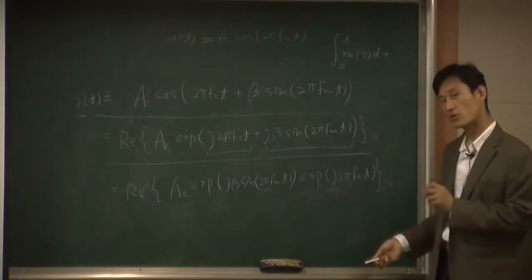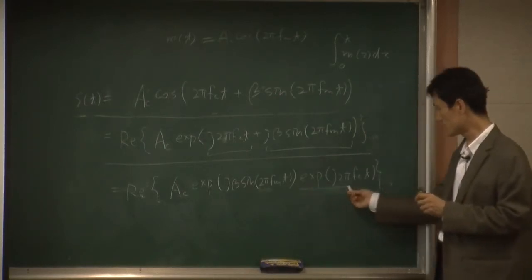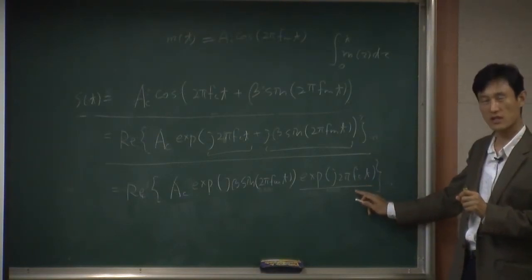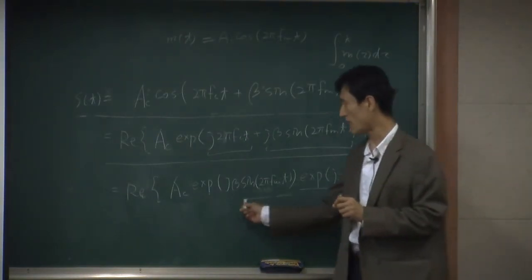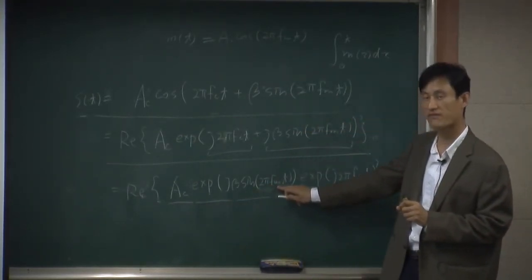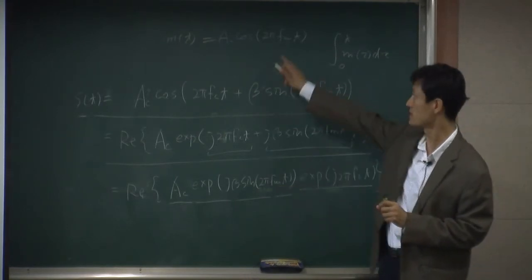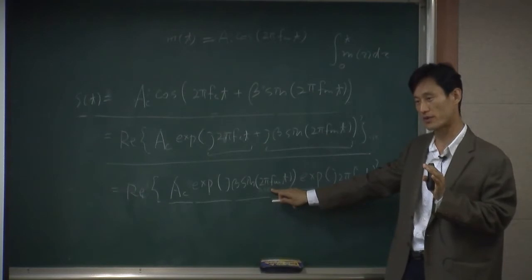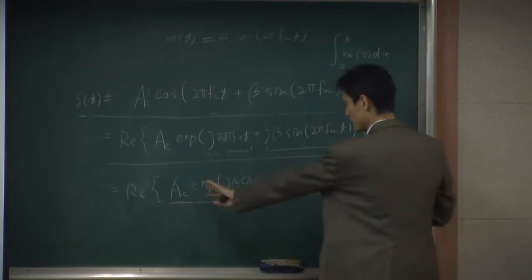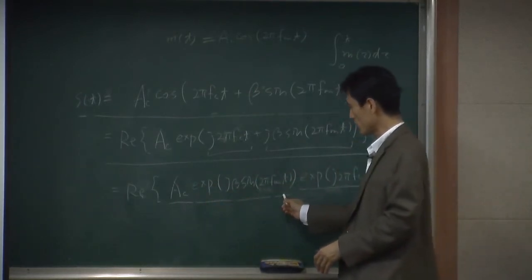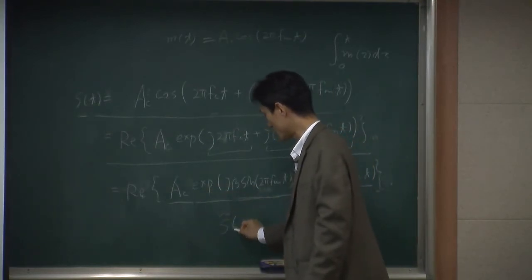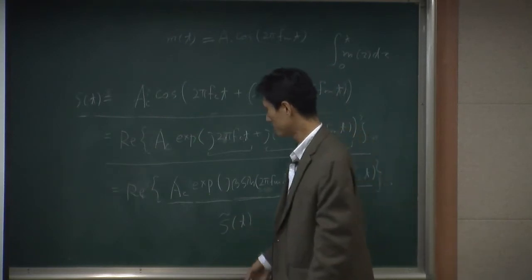The reason we do this is that this is a carrier component. You see there's a frequency, the carrier frequency. So this is the carrier component. What about this one? This is not the carrier component. This one is your message. Look at the frequency: it is fm, your message frequency. So we are simply separating the message from the carrier. Since this is still a part of the message, I'm going to call it S tilde t, a tilde t, like this.